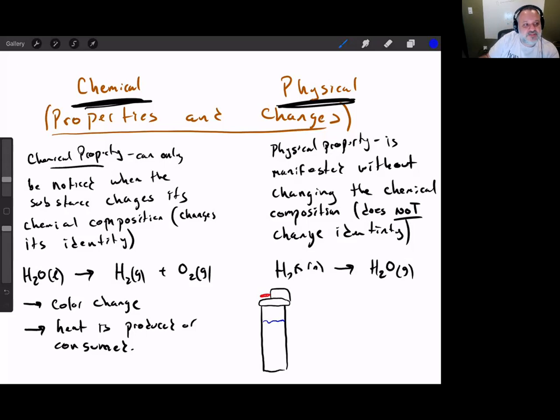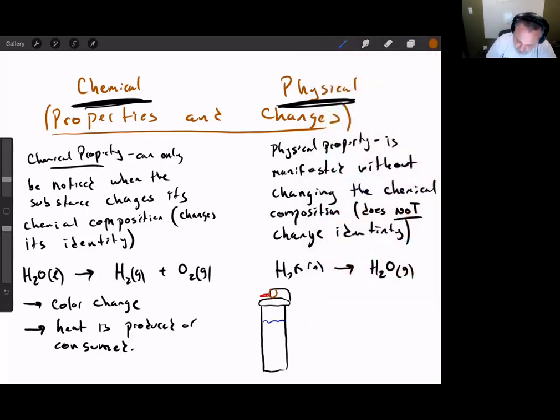I didn't change its state. It's still a solid, but it's definitely a physical change. What's an example of another physical change? I can have something that's cold and just make it hot. I didn't change its state, but I changed its temperature. That's a physical change.